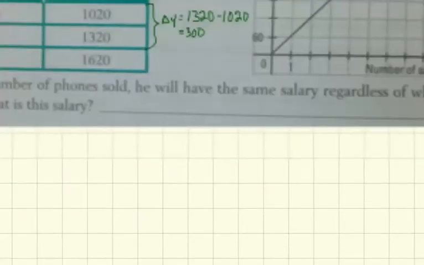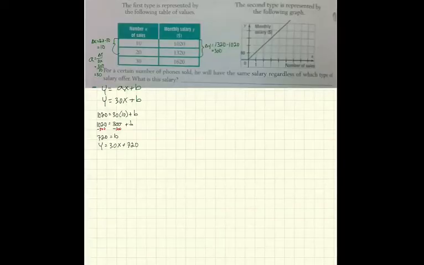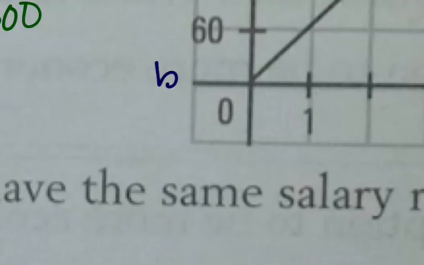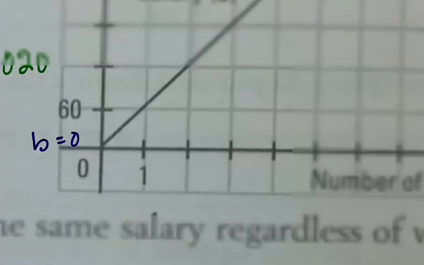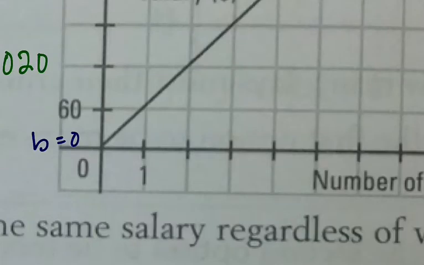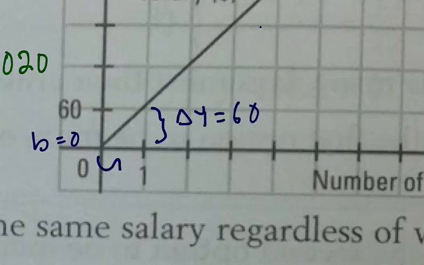For the graph, we know that B is going to be equal to 0, because it's passing through the origin. So right away I'm going to do this one in blue. And the slope, you can read it right off of here. Delta Y, it's going up by 60. So delta Y is equal to 60, and our delta X is equal to 1. You can see the rise and run just from this little triangle right here.